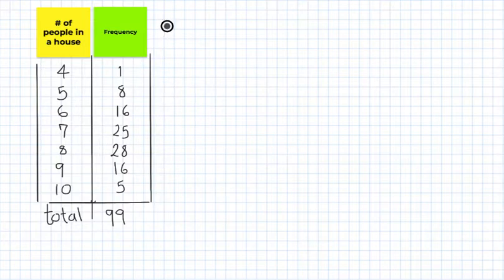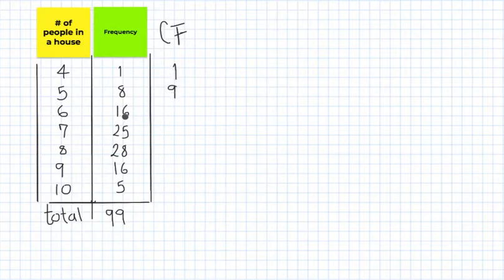is to find the cumulative frequency. Remember that the cumulative frequency is the addition of each of the frequencies, right? So the first one is 1, yes. Now for the second one I have to add 8 to the one before. So this is 9.